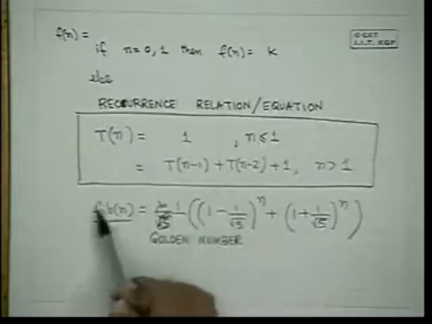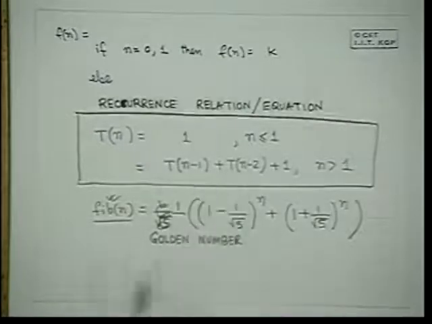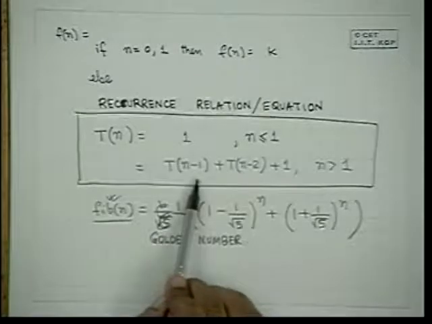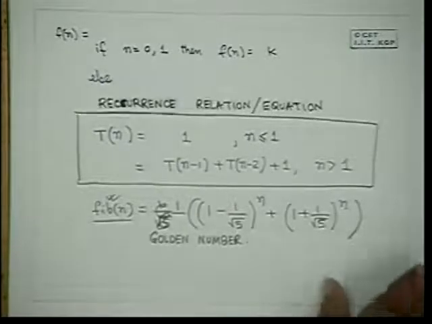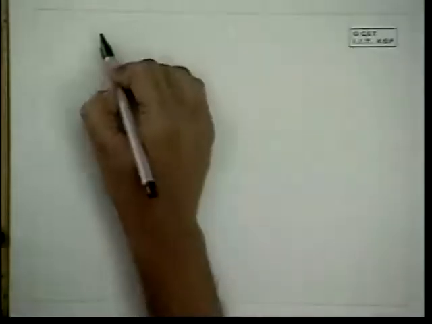But this Tn can be written in terms of Fib n, you know. Can you make a guess? Is Tn equal to fib n? What is Tn?